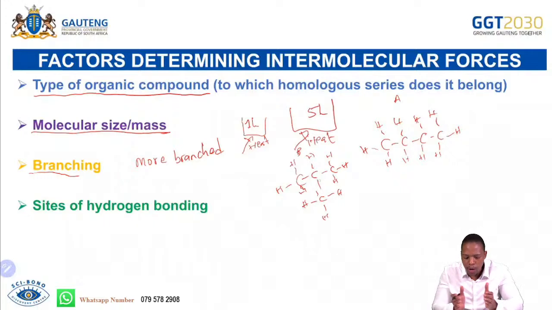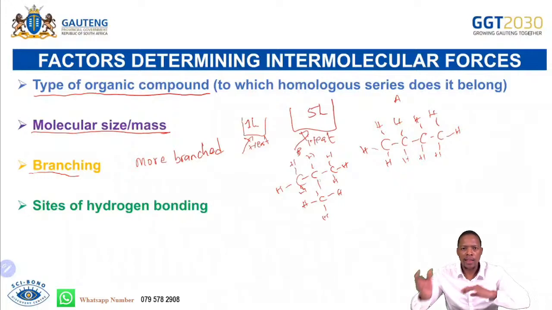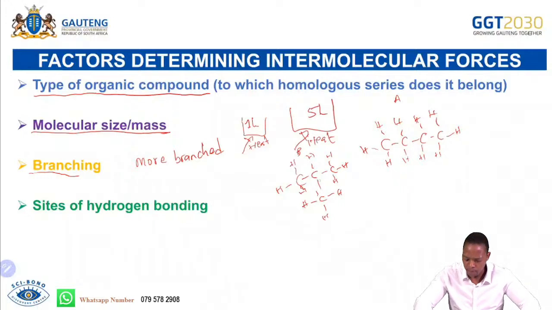It has been put maybe in a container that is small, making it feel more fire. I'm just making an example, making it feel more fire than the other one, which was in a bigger container. This is trying to give a general example there of why the more branched one has lesser intermolecular forces, or weaker intermolecular forces would be the correct way there.